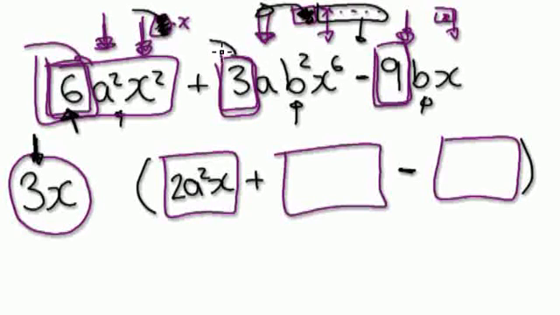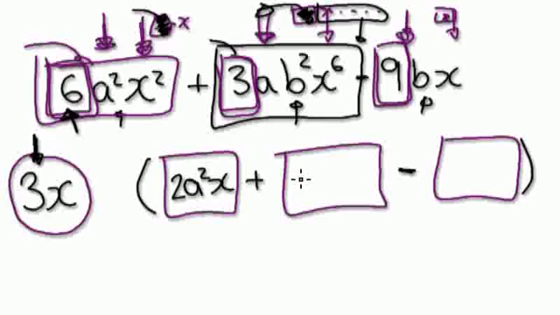Now looking at this term here, all we've taken out is 3x. So the A will remain, the B squared will remain, and we've taken only 1x out, so we've got x to the power 5 left for this term.